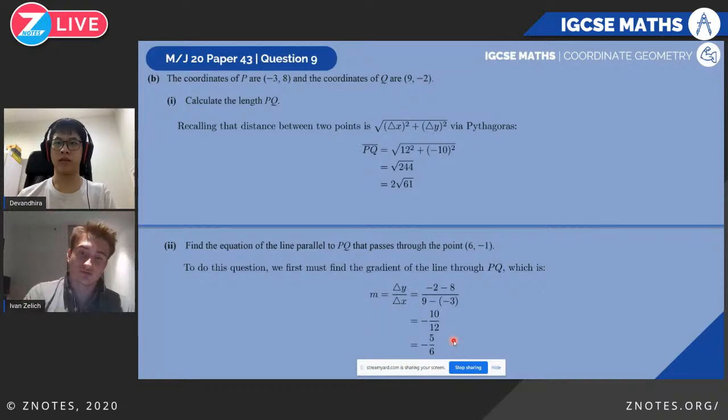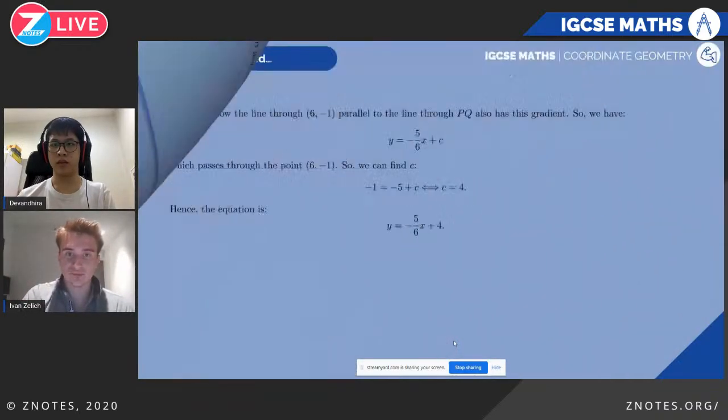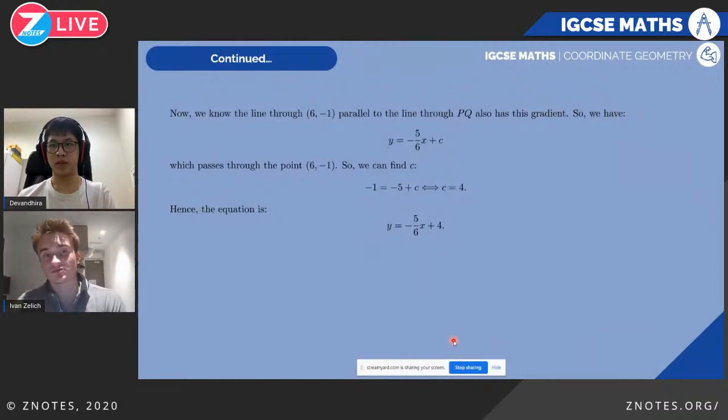Now, the line through 6, -1 will have the same gradient. So we know that the line passing through 6, -1, parallel to the line PQ, also has the gradient -5 on 6. So the equation of the line is y equals -5 on 6 x plus c, because m is -5 on 6.